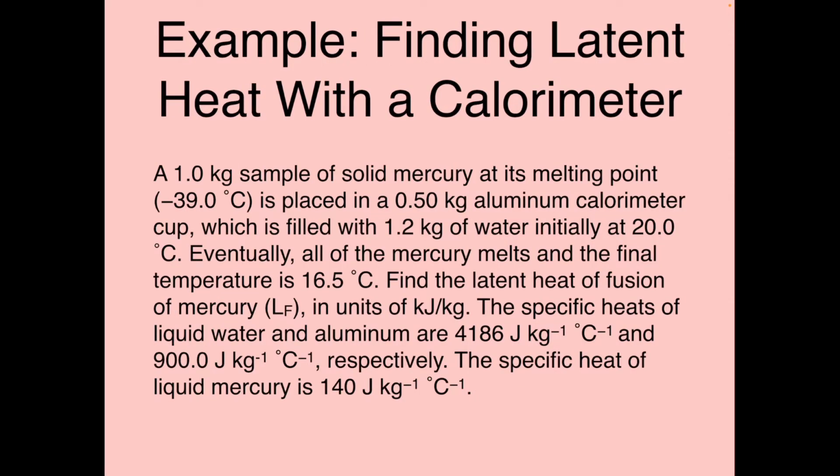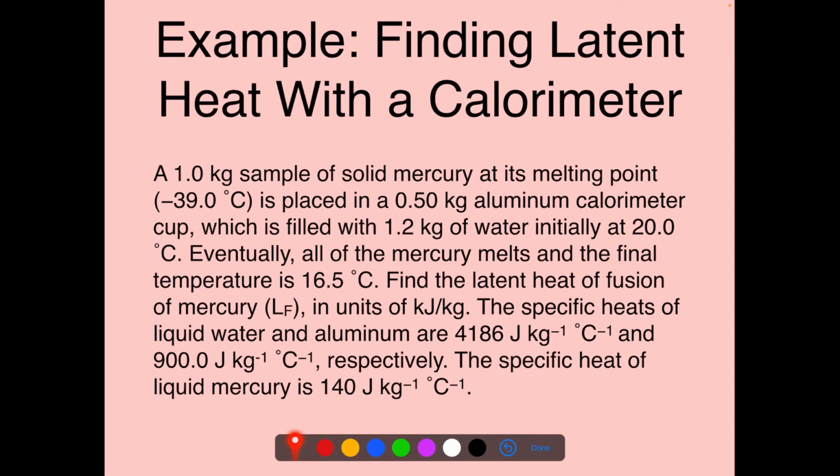So let's do an example involving a calorimeter. So let's say we have a 1.0 kilogram sample of solid mercury, which is at its melting point. So for mercury, the melting point is minus 39 degrees Celsius. So we place that sample in a 0.50 kilogram aluminum calorimeter cup, which is filled with 1.2 kilograms of water, initially at 20 degrees Celsius.